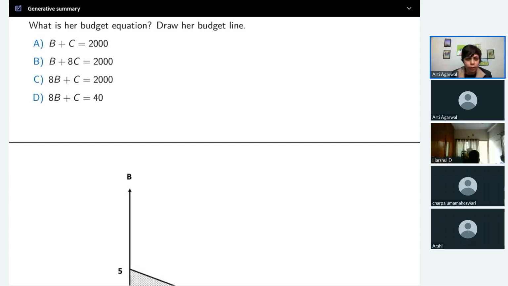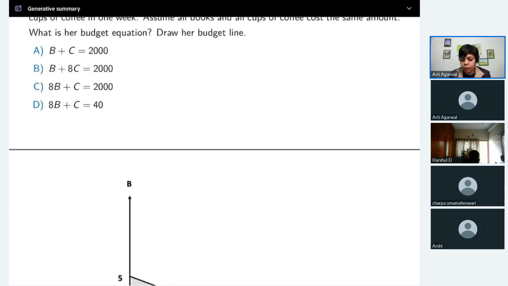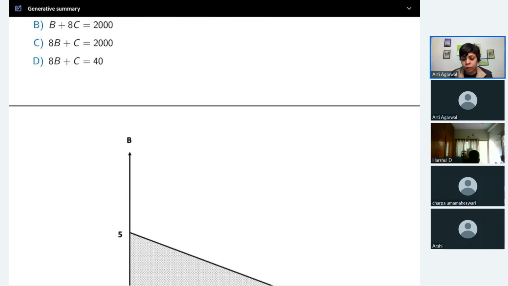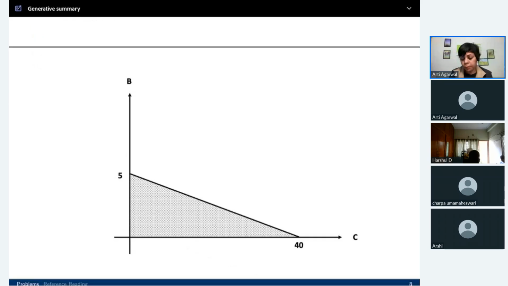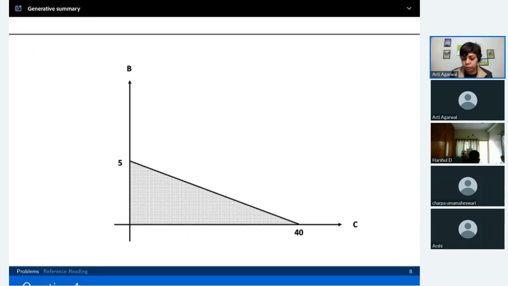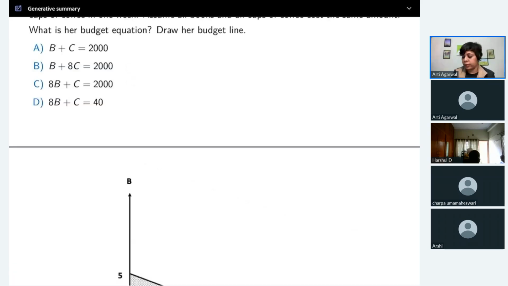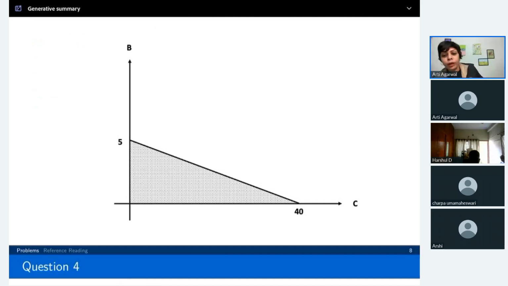You plug in the value of c equal to 0, you get the value of b as 5. That's the intercept on the b axis or the y axis. And you plug in the value of b equal to 0, you get the value of c as 40. That is the intercept on the c axis. It's a pretty straightforward thing.